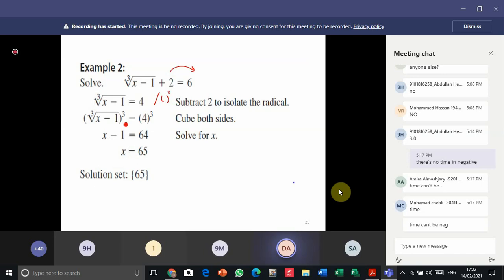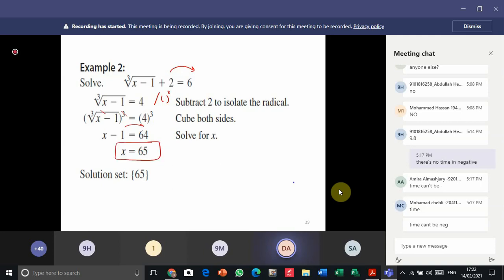So remove this one, and 4 to the power 3 removes the cube root, so put x minus 1, and 4 to the power 3 equals 64. 4 times 4 is 16, 16 times 4 is 64. Move the negative 1 to the other side, so we have 64 plus 1.